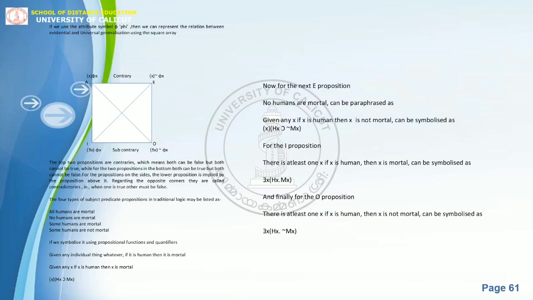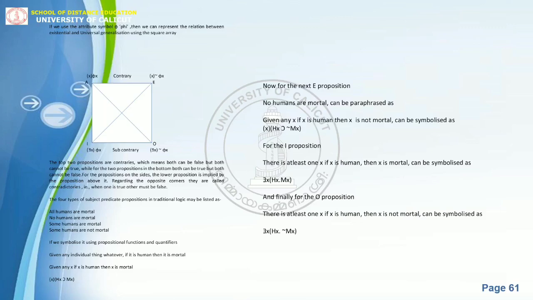Among the substitution instances of the propositional function Hx implies Mx are conditionals like Ha implies Ma or Hb implies Mb. Likewise, we can give different names.